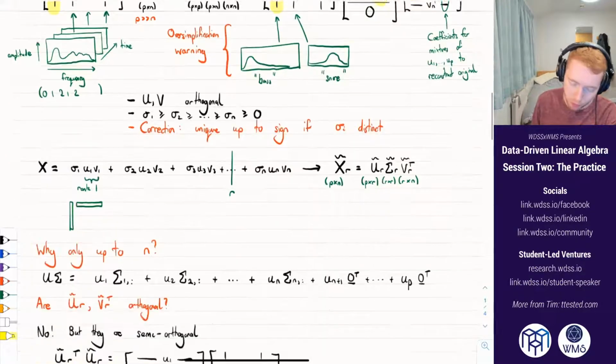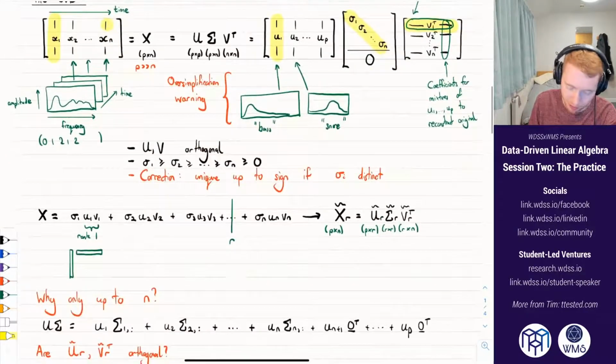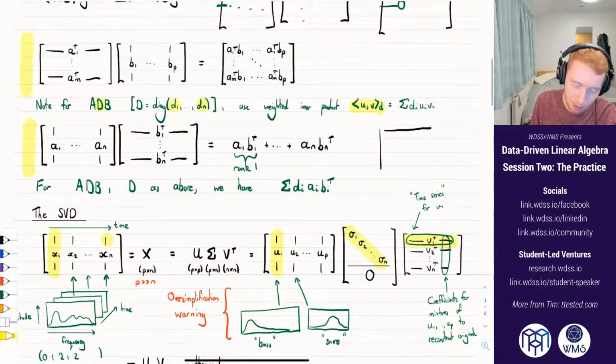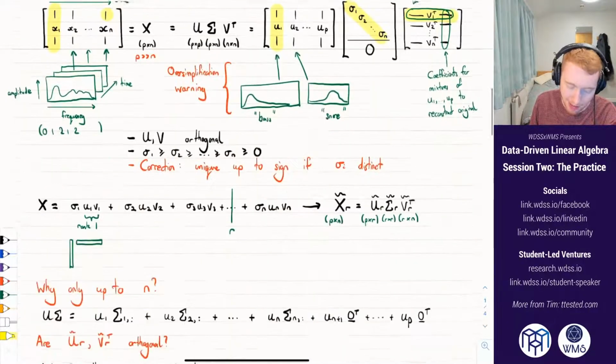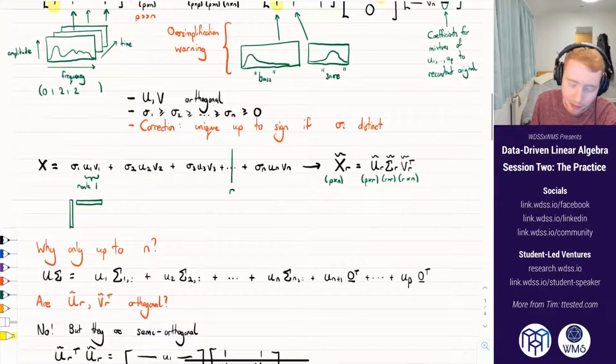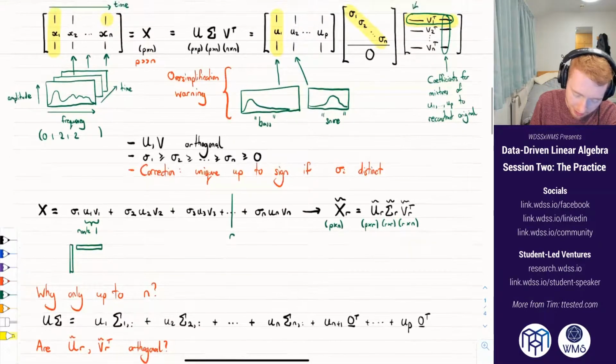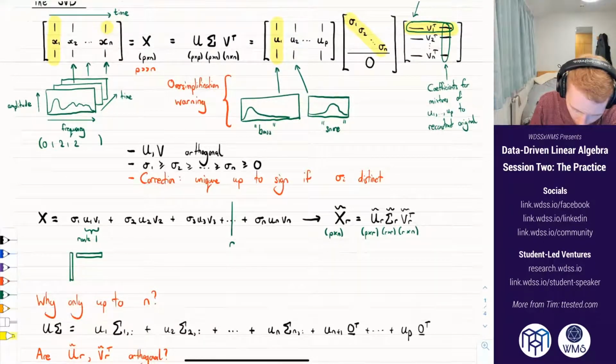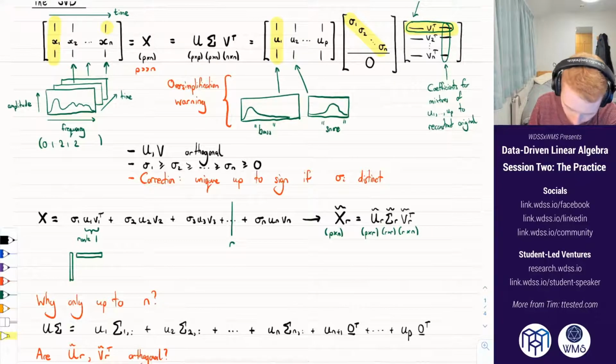And so we saw from this, using the property above of matrix multiplication as outer products, that we could represent this SVD as a sum of outer products weighted by the singular values. Each of these is a rank 1 matrix made by taking U1 and V1 transpose.